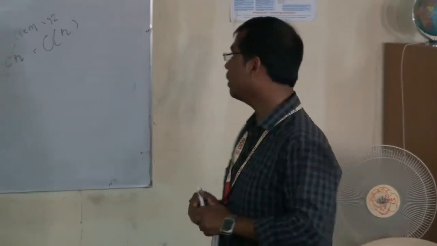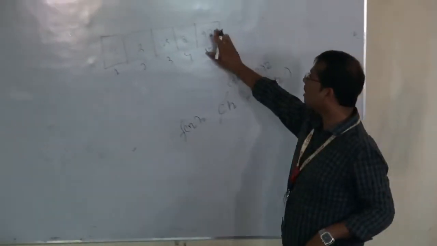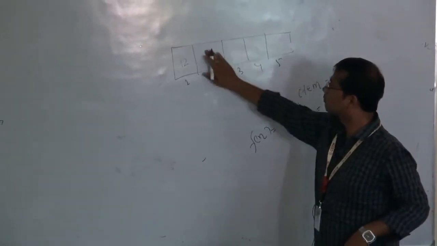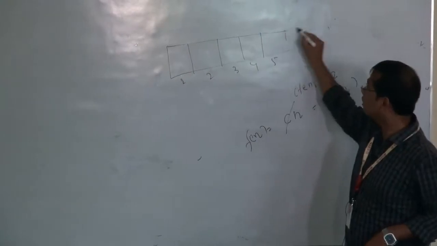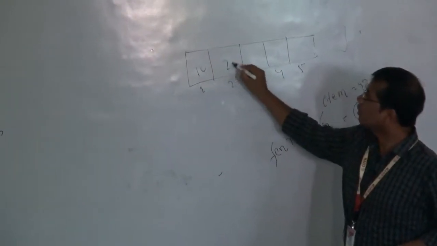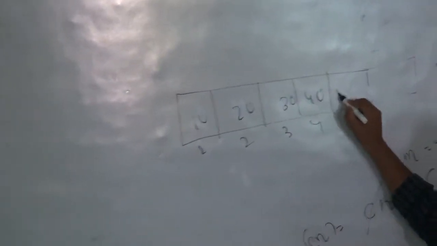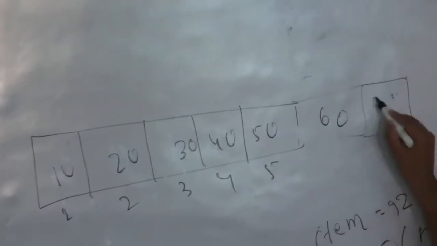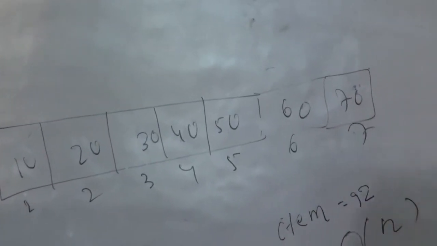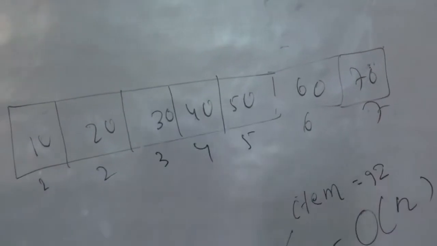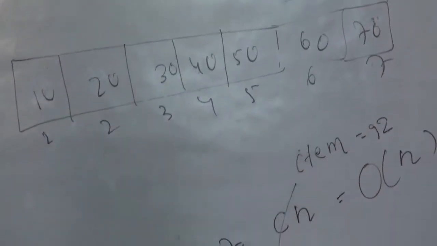So in an array, searching is order of n. Now tell me, if my array is sorted, 10, 20, 30, 40, 50, 60, 70, and my array size is 7. In a sorted array, which searching technique is good?